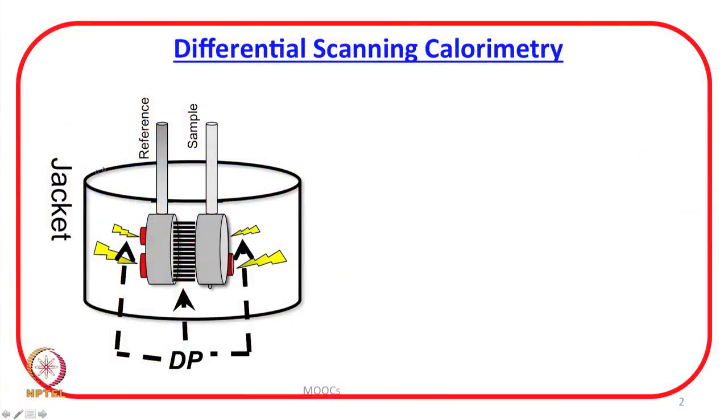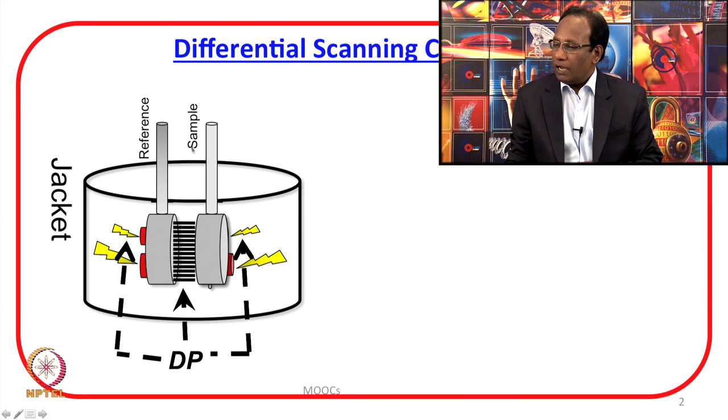The principle we discussed in the previous lecture is that the sample of interest is filled into the sample cell and the reference, which for protein solutions is usually buffer, is filled in the reference cell.